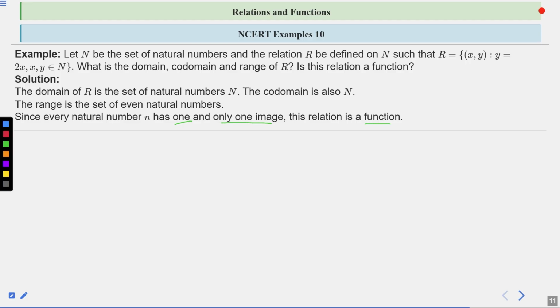Yes, satisfying both things. First, the domain set is the complete set of naturals. Second, every element of this domain must be associated to exactly one element from the codomain set, or n from the domain has one and only one image. Clear? So satisfying both points, the above defined relation is a function.